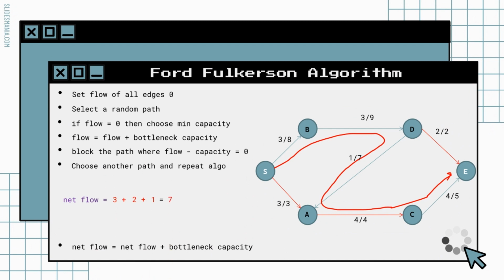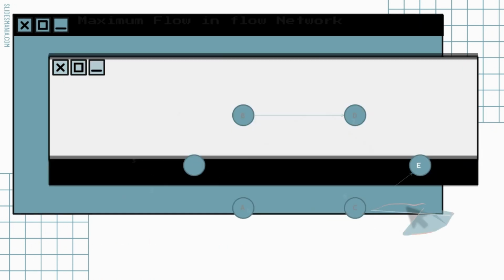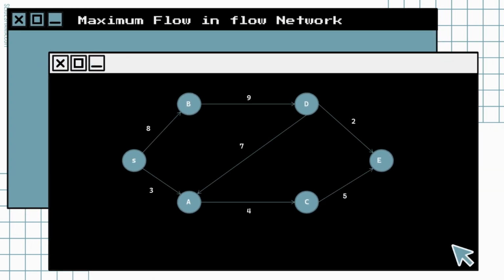Now the net flow of this flow network will be 7. We have successfully found the maximum flow for this flow network. The maximum flow for this flow network is 7 using the Ford-Fulkerson algorithm.